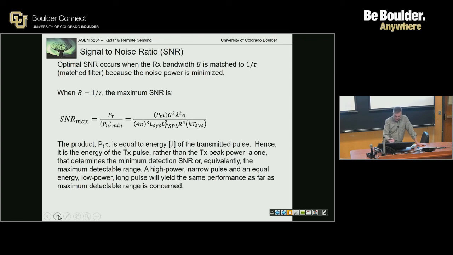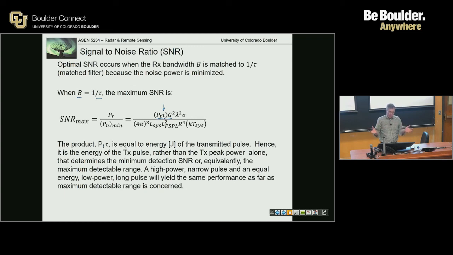One thing about this formulation, talking about bandwidth and tau: when you look at other formulations, some will start out with having tau and power together. So there's a power bandwidth product, and they add in the gain. So how much power is leaving the antenna?